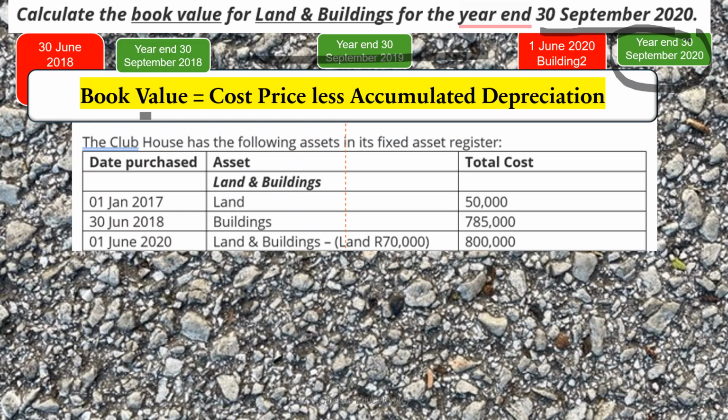Now you must know book value is equal to the cost price less the accumulated depreciation right from when you had building 1, when you first purchased building 1. Accumulated depreciation is all the year's depreciations added up.